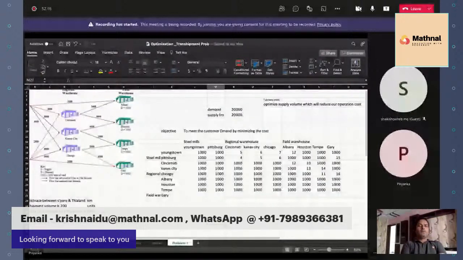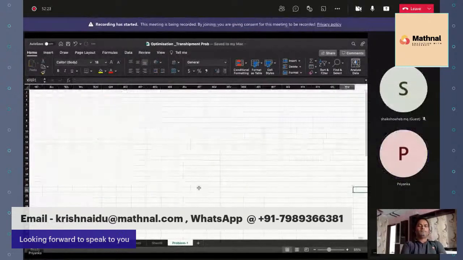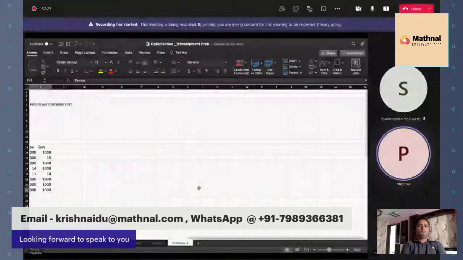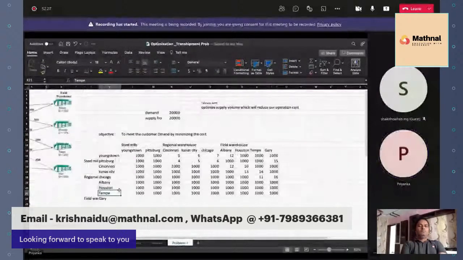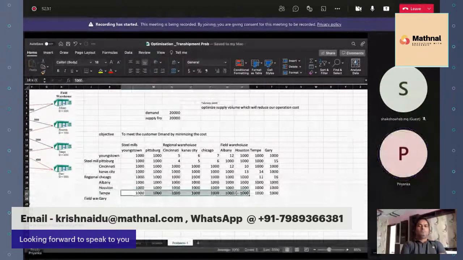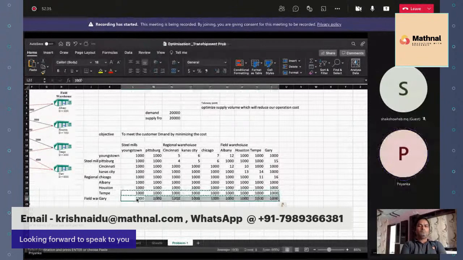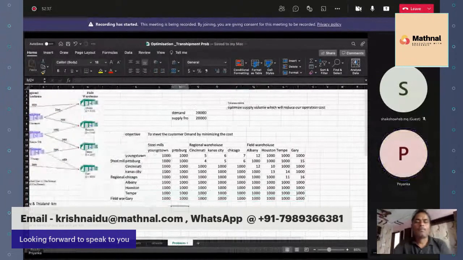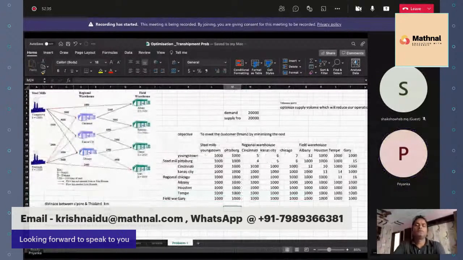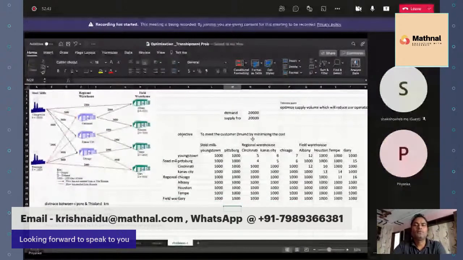I think Gary will also be the same. There is no outgoing from there. Okay, so this is our cost per unit per kilometer matrix.